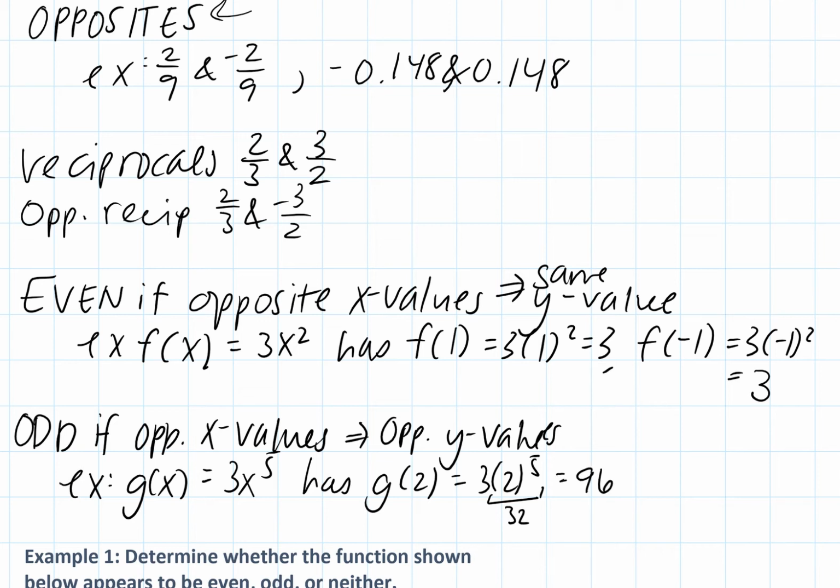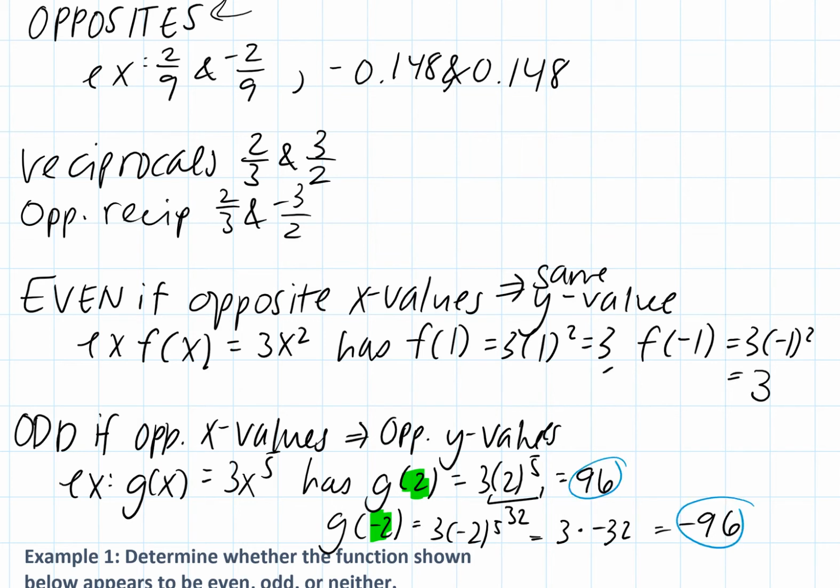And if you substitute -2, you get 3 times -2 to the 5th. That's 3 times -32, which is -96. So we have opposite x values, 2 and -2, they're opposites because they add up to 0, produce opposite y values. One is positive, one is negative, but they have the same magnitude.